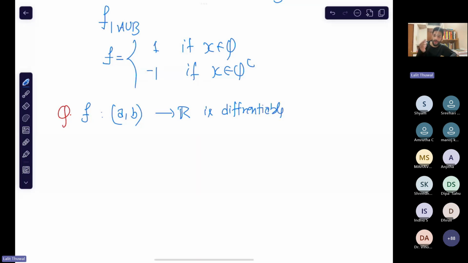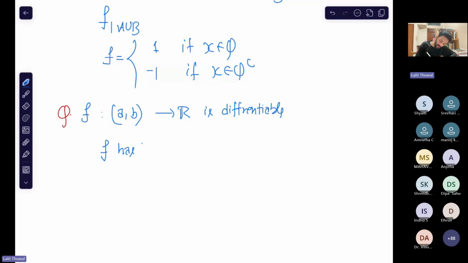It might be differentiable twice, only once I will say. So what do you think? If f has a bounded derivative, that is, f dash is a bounded function.